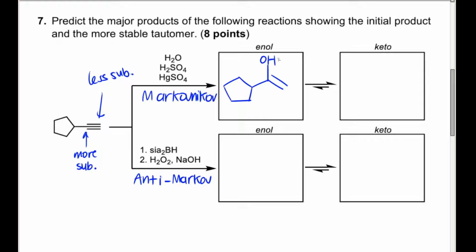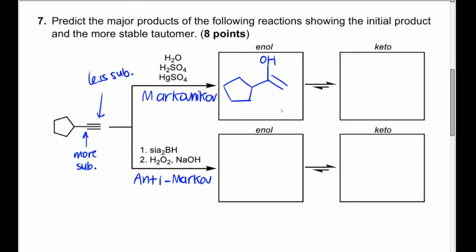So for this first reaction, the enol product is going to just be an alcohol group added to the more substituted side. And for the keto product, remember that these half arrows, the first arrow going to the right is going to be a lot longer than the one going to the left to show that the keto product is more favorable and more stable. So if you're synthesizing this product, about 99.999% of the product will be in the keto form, whereas only a small amount will be in the enol form.